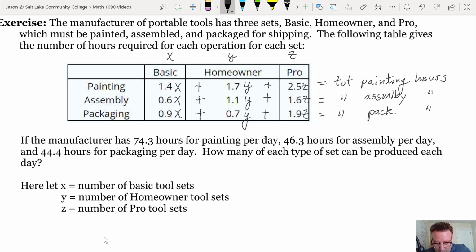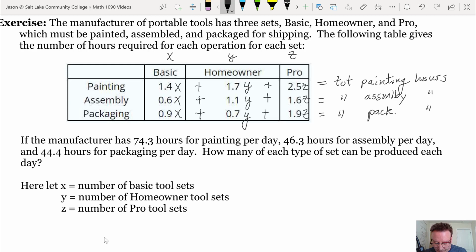For the total packaging hours I need to package all of the basic, homeowner, and pro tool sets that we make. Okay, but I only have these limited hours. I only have 74.3 hours for painting and so on and so forth.